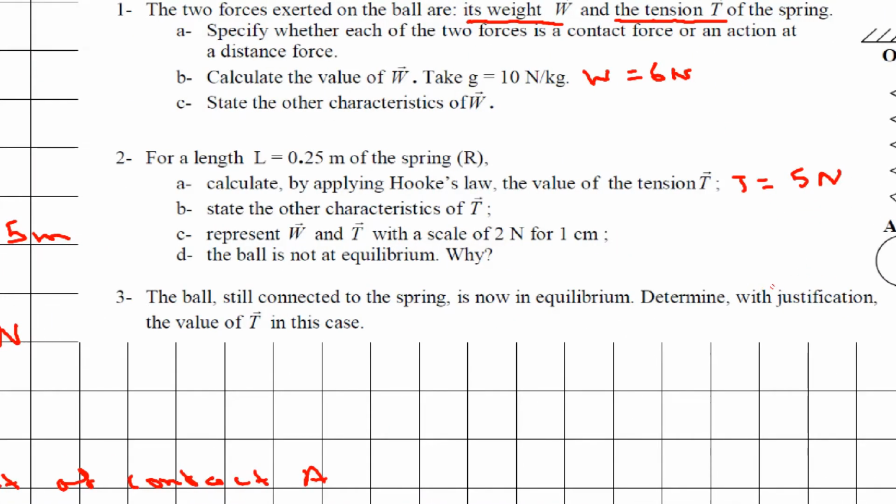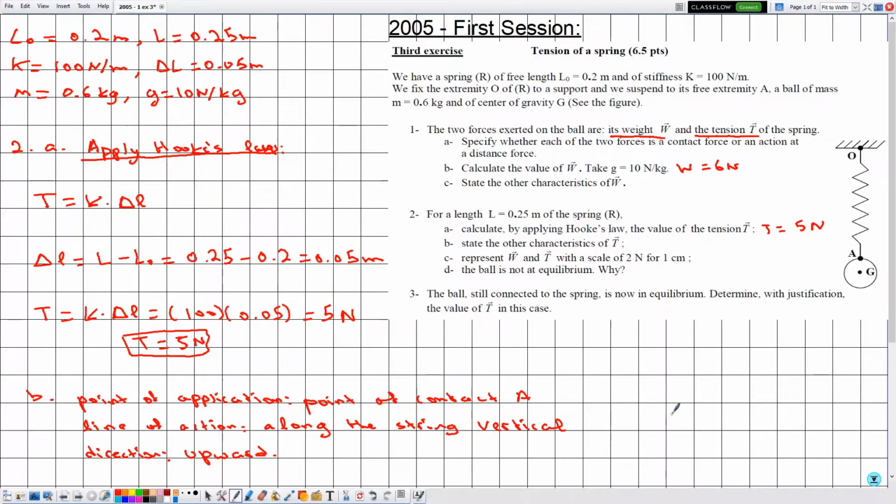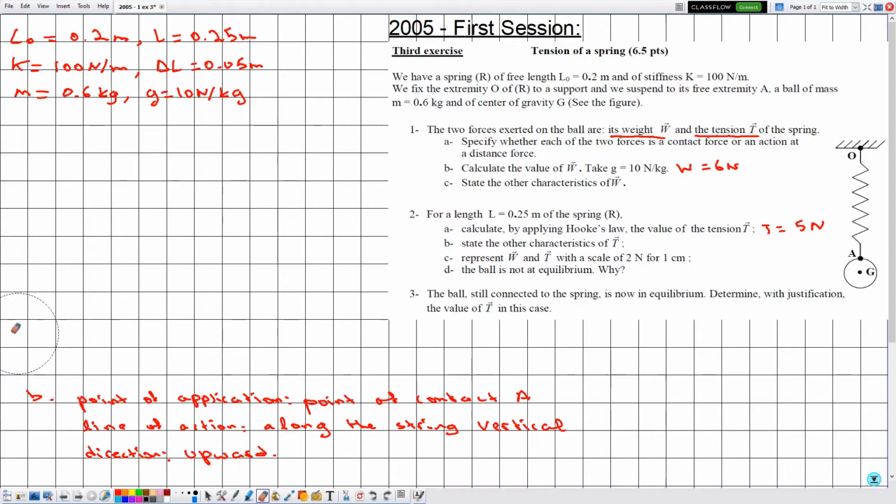Now in part C, they are telling me to represent W and T with a scale of 2 newtons corresponding to 1 centimeter. So we are in part C. Now we know that each 1 centimeter corresponds to 2 newtons.